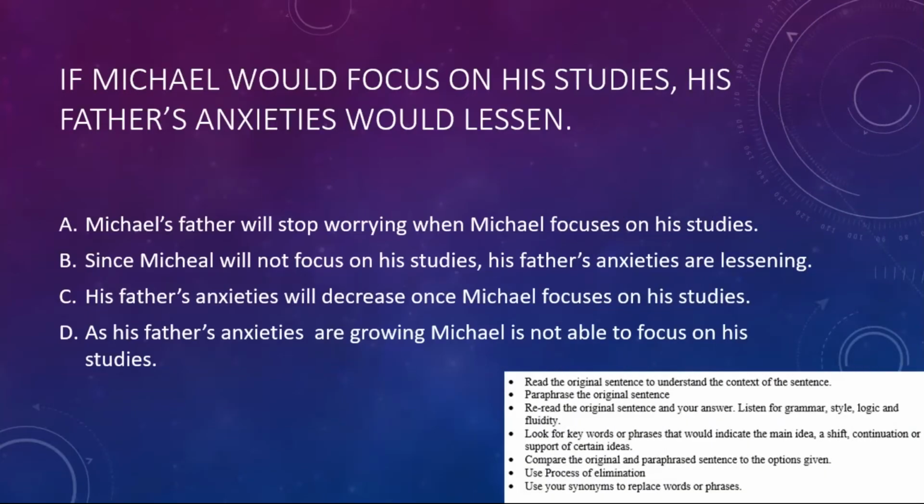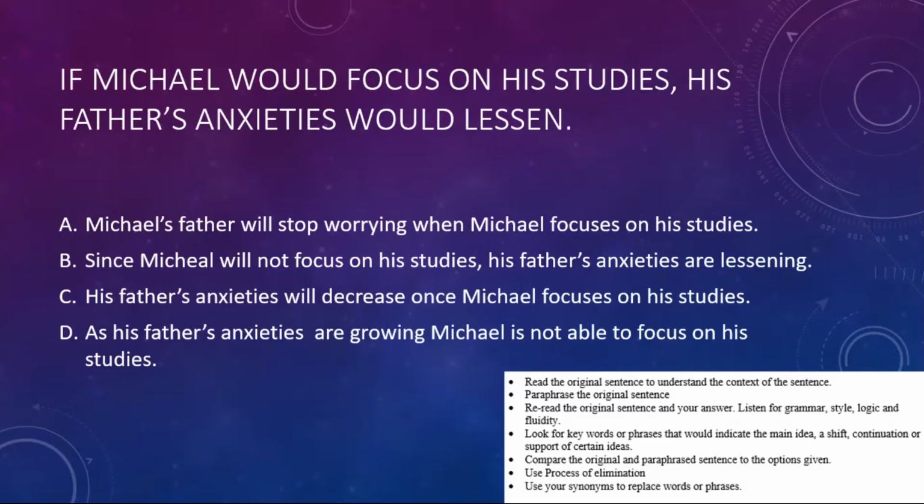It is important that you understand not only the sentence, but also the main ideas expressed throughout by use of the words. Clearly, the sentence is about Michael and his studies and how his father feels about Michael's attitude to his studies.